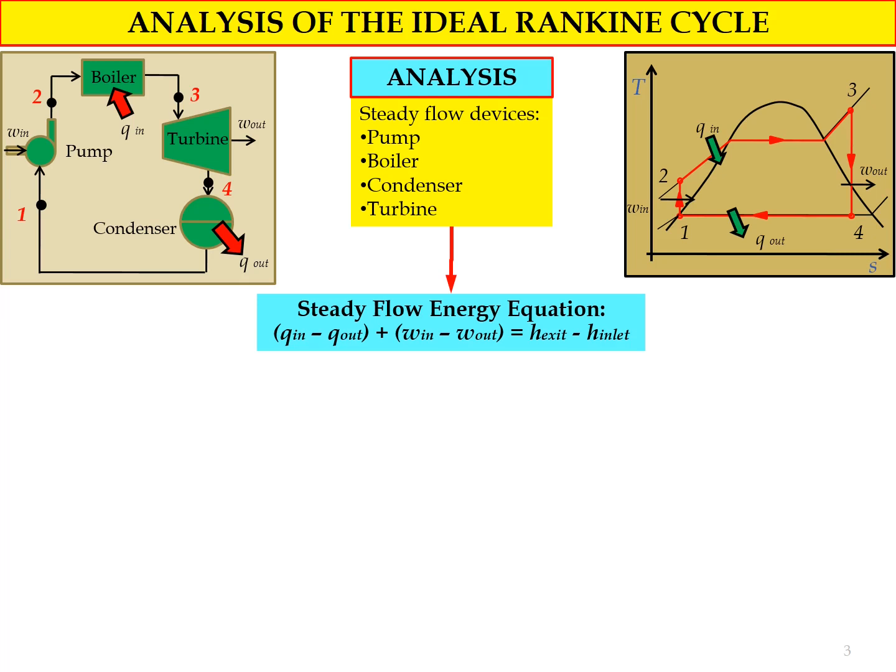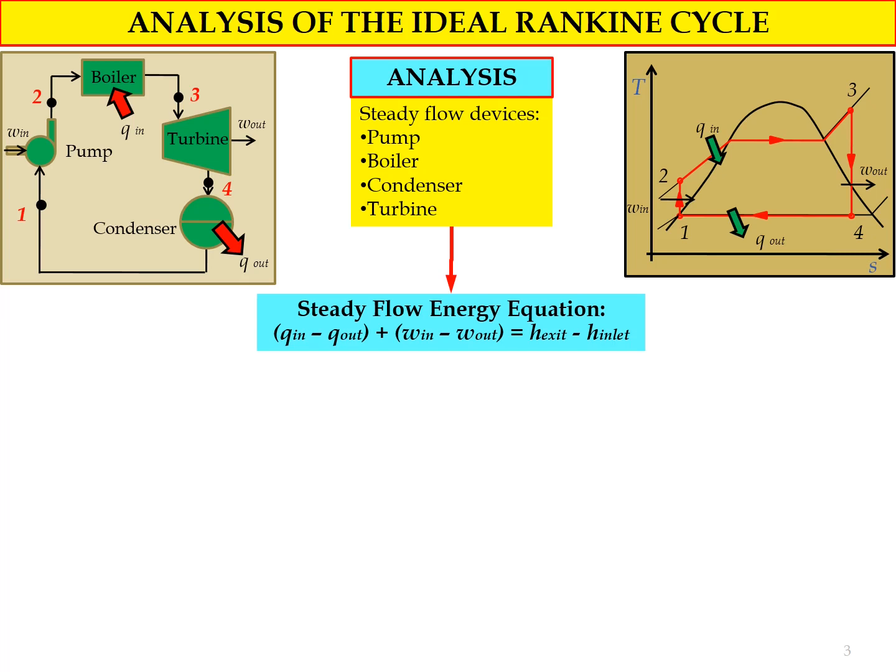H represents the enthalpy value. The value of H exit minus H inlet actually comes from the formula for E mass in and E mass out. Due to the steady flow process, the delta E terms will be 0. So that's why we have this equation.